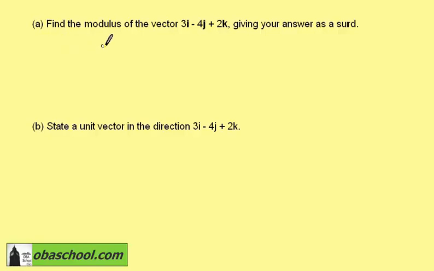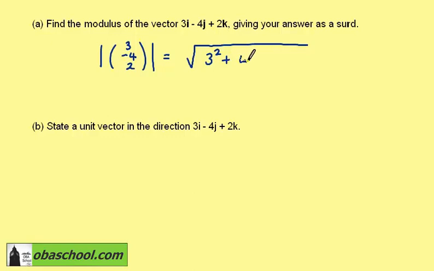We want to find the modulus of the vector 3i minus 4j plus 2k, giving our answer as a surd. Using the result of the last example, we know the modulus of 3, minus 4, 2 is given by the square root of 3 squared plus 4 squared plus 2 squared.